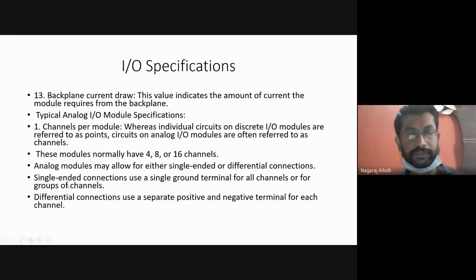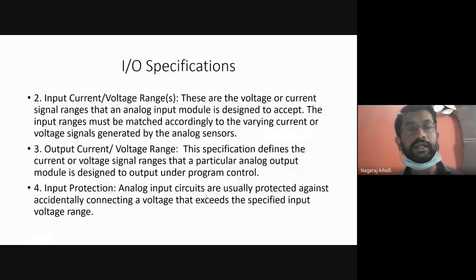Single-ended connections use a single ground terminal for a group of channels. These are the voltage or current signal ranges that an input module is designed to accept.